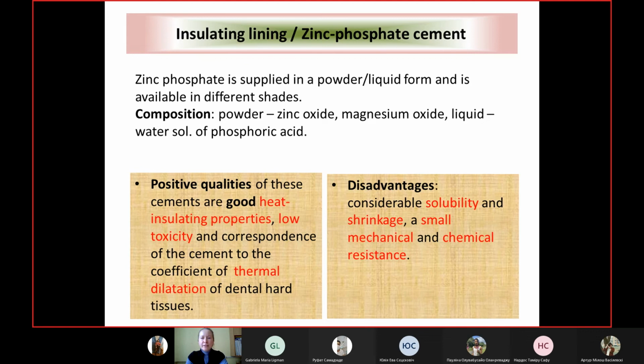Positive qualities of zinc phosphate cement as a base, because it is used as well as a luting cement, but we will discuss it as a base cement: good heat insulating properties, low toxicity, and correspondence of the cement to the coefficient of thermal dilatation of dental hard tissues. And disadvantages: soluble if it is subjected to oral liquids. But if it is covered by the final restoration, it is strong enough.